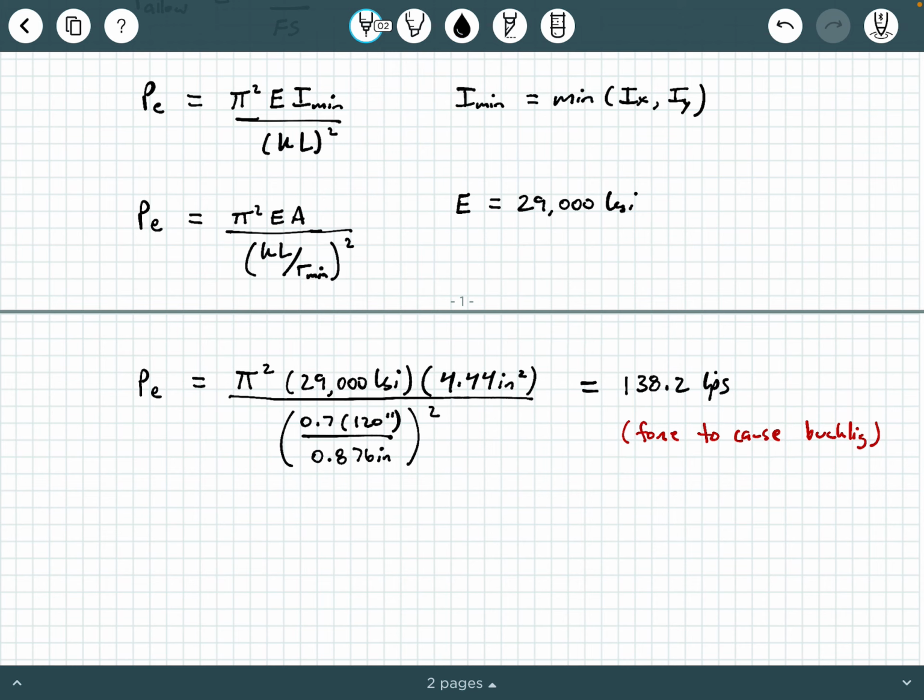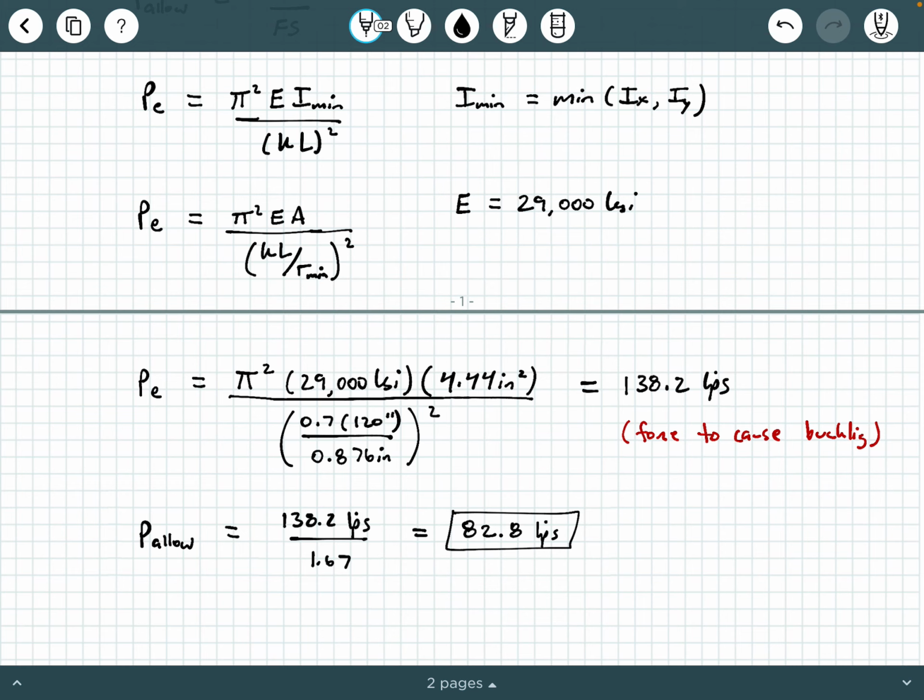So you build in a factor of safety, and that's what we're going to do with P allow. That's going to be the 138.2 kips that we just calculated divided by the factor of safety we were given, which was 1.67. And our final answer is 82.8 kips. What this value represents is taking the buckling force and scaling it down.